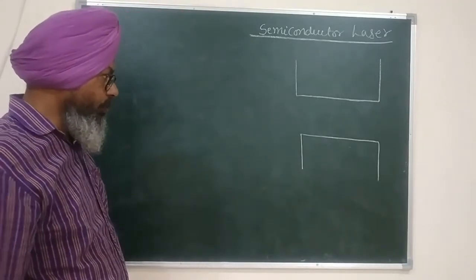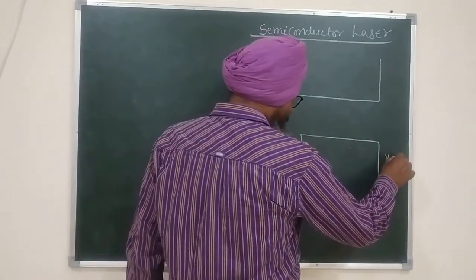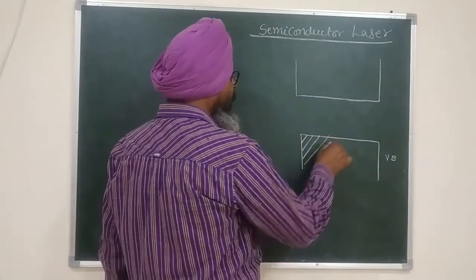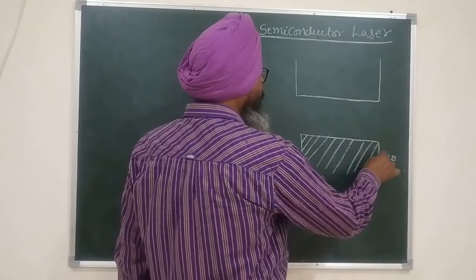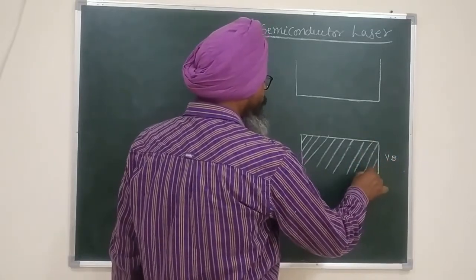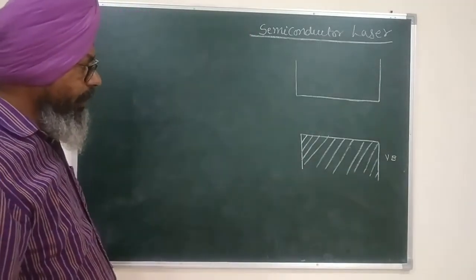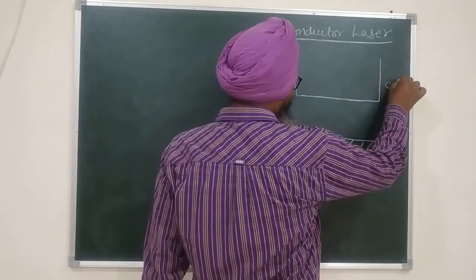At absolute zero, the lower band, which is called the valence band, is fully filled. I will show it by shading. You can also show it by putting dots, whatever appeals to you. The shaded structure tells that the band is filled with electrons at 0 Kelvin, and the upper band is fully empty. This band is called the conduction band.